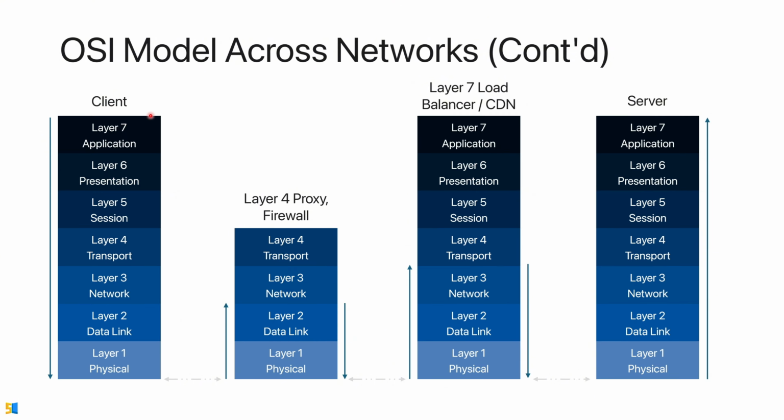So for this client, this reverse proxy is the final destination, right? But actually, the final destination of the request is the actual backend that resides behind the load balancer or the CDN here. So the request goes up until the 7th layer and then returns back to the actual server.